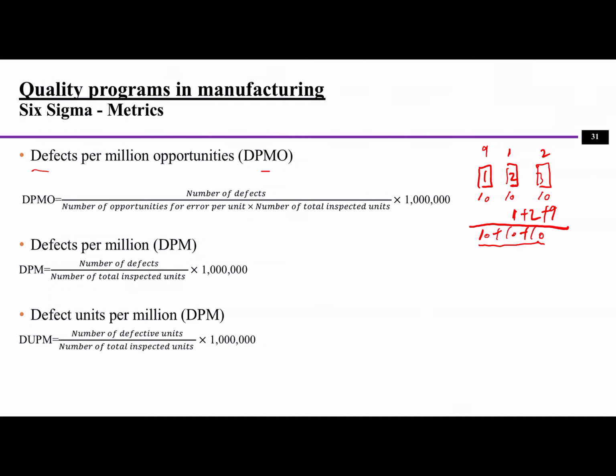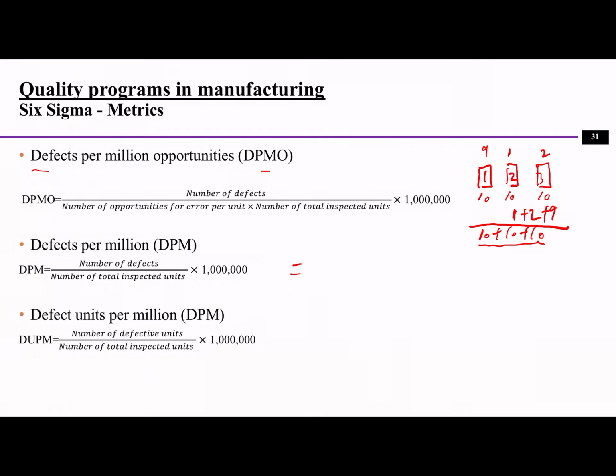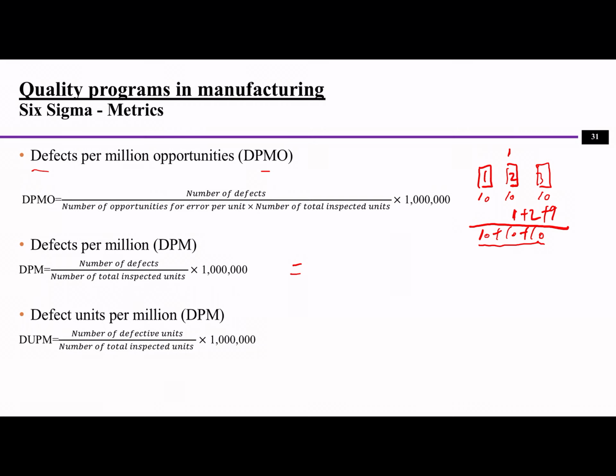Well, defects per million means what? Defects per million means number of defects divided by number of total inspected units, right? All right, for example, the same thing with the phone case. Suppose phone 2 has 1 defect, okay?